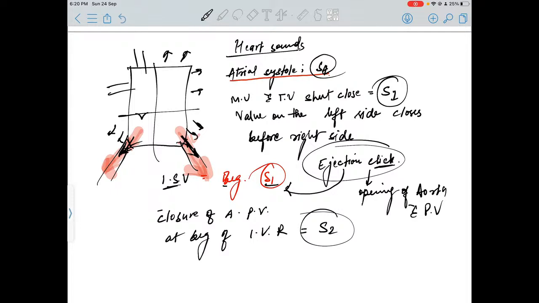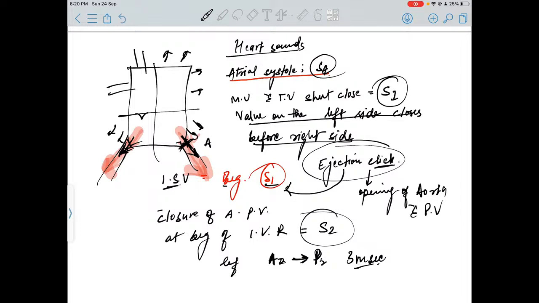And also the aortic valve closes before. Here also the left valve is closing before the right valve, and A2 is followed by P2, which means closure of the aorta is followed by closure of the pulmonary valve, and there's a gap of 3 milliseconds between the two.